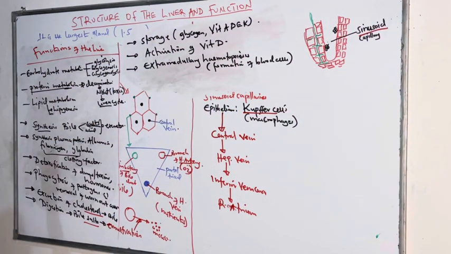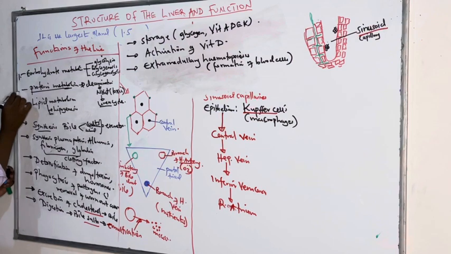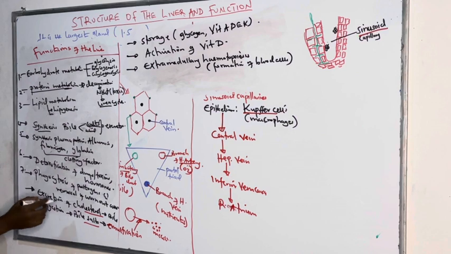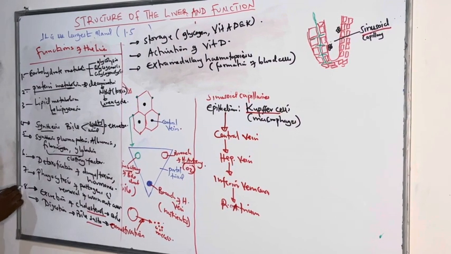So we have seen different functions of the liver, that is metabolism of carbohydrates, second being metabolism of proteins, metabolism of lipids, then synthesis of bile. We have seen synthesis of plasma proteins and clotting factors. We have seen detoxification. We have seen it playing a defensive role of phagocytosis by the Kupffer cells and even removal of worn-out cells. We have seen excretion of cholesterol from the liver.